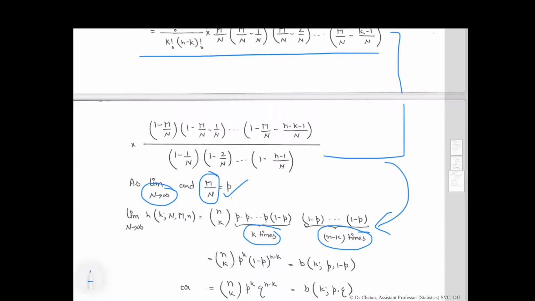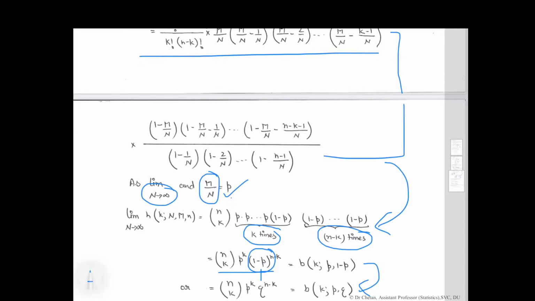Therefore, we can write like this, which is the binomial distribution of k with parameters p and 1 minus p. Or we can write like this, p plus q is equal to 1. Therefore, we can write 1 minus p equal to q. This shows that the hypergeometric distribution tends to the binomial distribution as N tends to infinity and M by capital N equal to p.